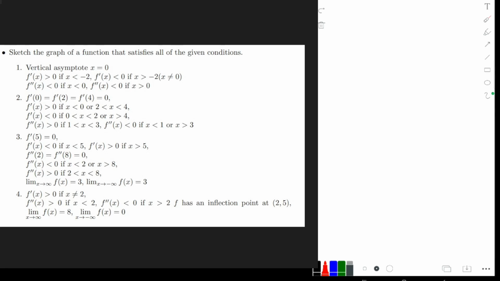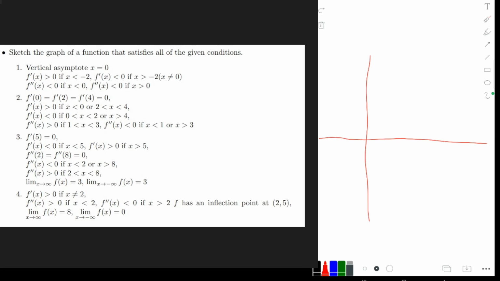So this shouldn't be so hard. And it doesn't say anything about it being even or odd. We can just assume that its behavior on the left-hand side of the y-axis doesn't really matter, I guess. I mean, it does say things like less than 0, so that does include the left side of the y-axis.